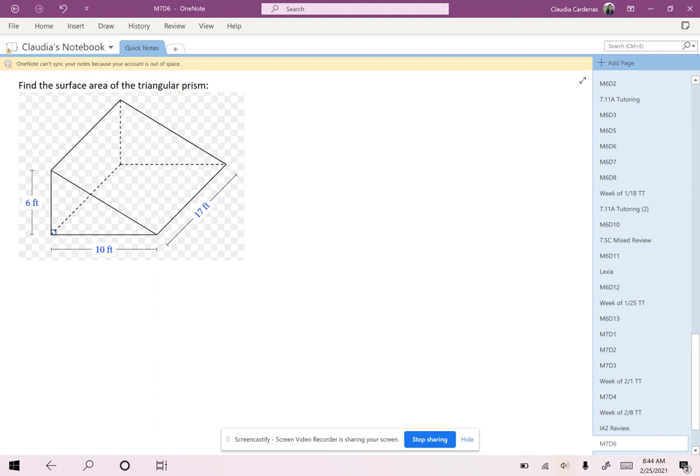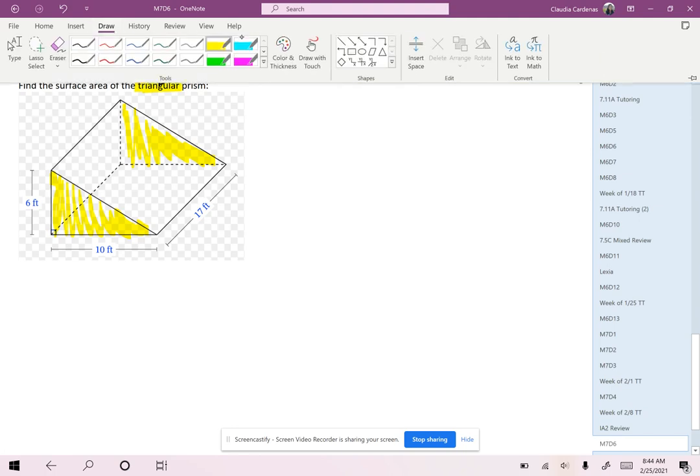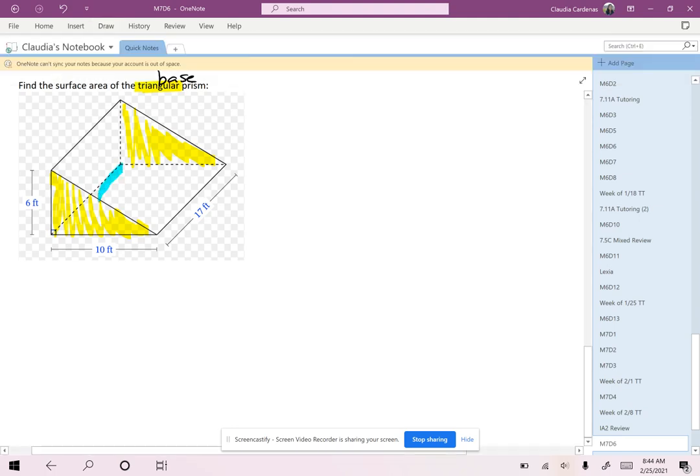Let's first break it apart into a net to better see the shapes within it. So first I see that if it's a triangular prism, they've already identified what the base is for us, which is a triangle. So I see two triangle bases, one here and one here. And then I also see three rectangular sides.